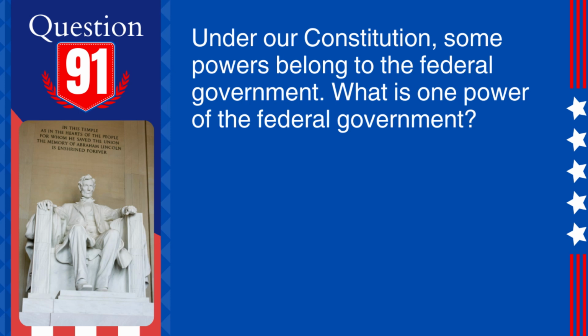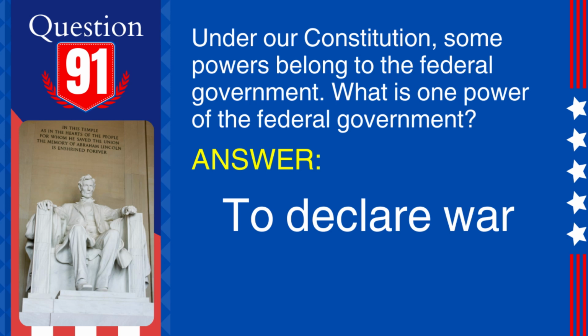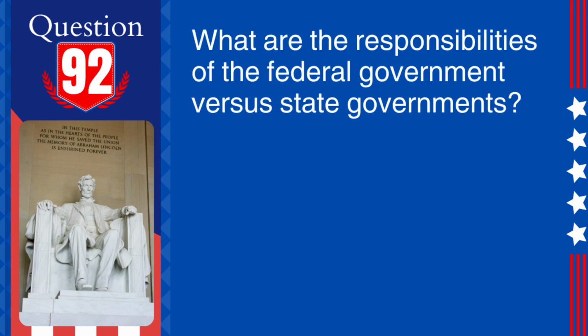91. Question. Under our Constitution, some powers belong to the federal government. What is one power of the federal government? Answer. To declare war. Explanation. The Constitution grants the federal government specific powers, such as declaring war, conducting foreign affairs, and regulating commerce. 92. Question.